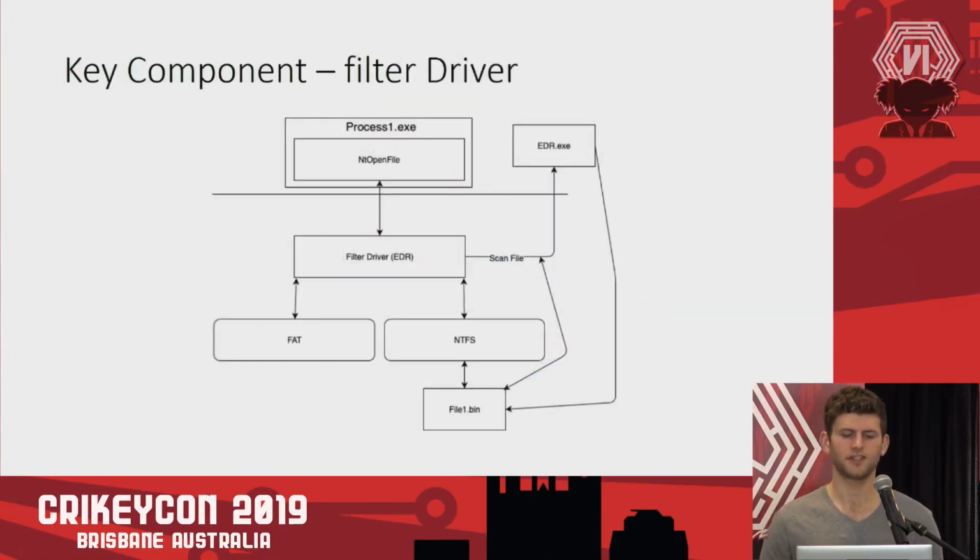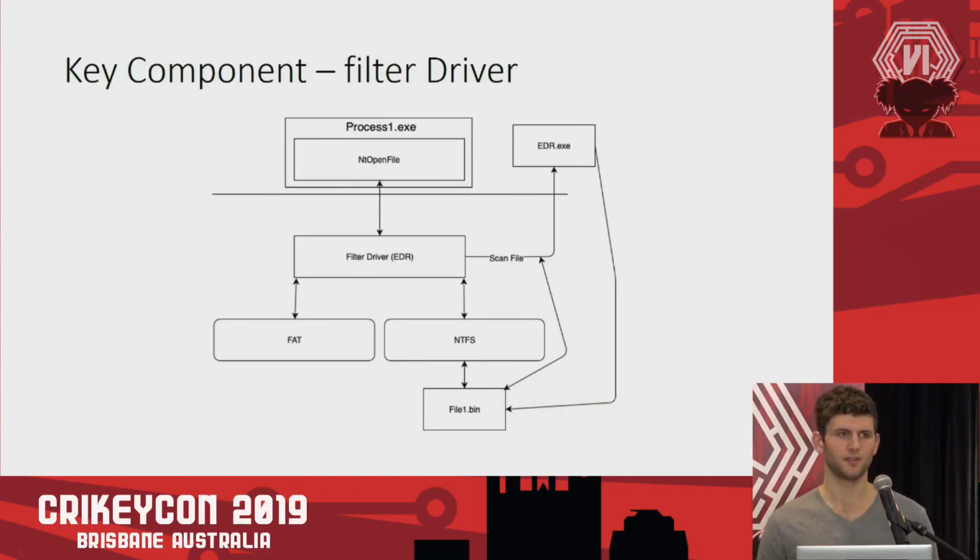So one of those is the filter driver, which will sit between the actual file system drivers, like the NTFS driver or the FAT driver, and anything else really from kernel land. So in this example, you have a userland process that's calling the NtOpenFile function on a file.